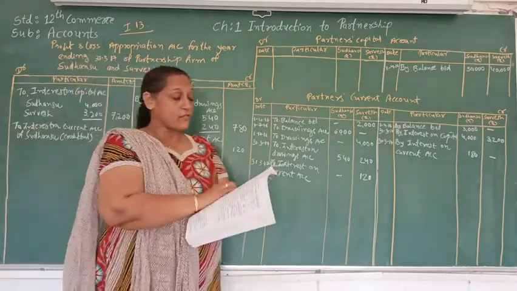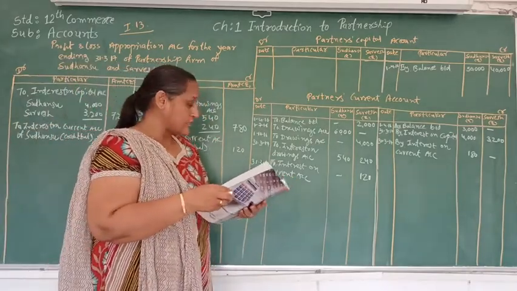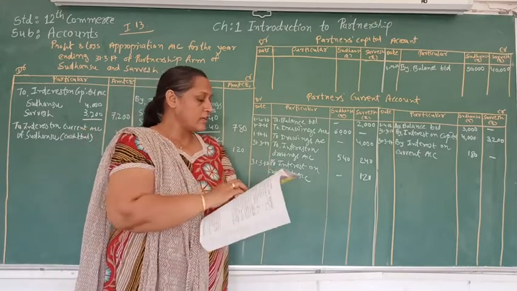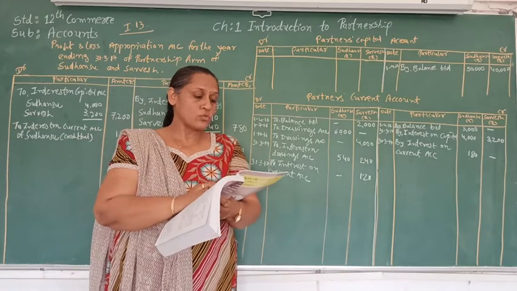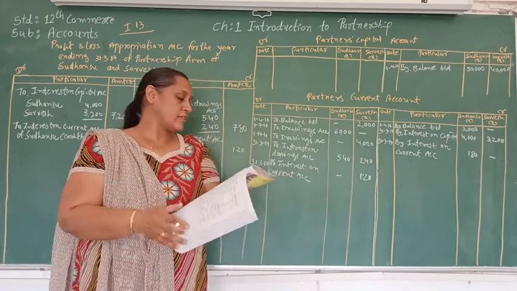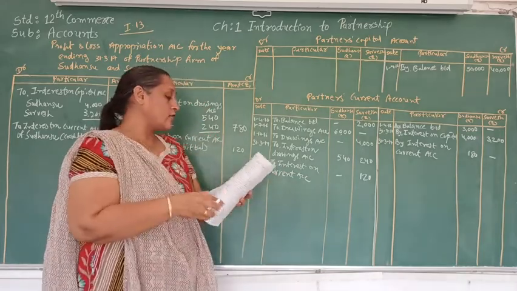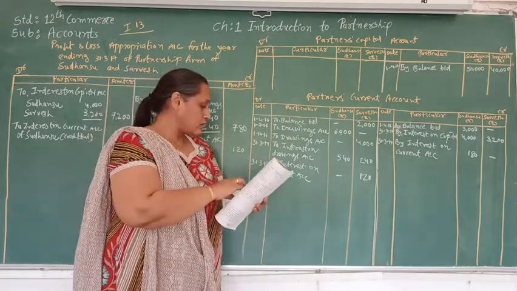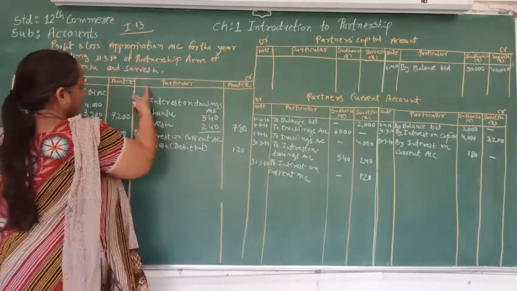So here we are finished with interest on capital, interest on drawing, as well as interest on current. The next thing, that is here, it is given that Sudhanshu is paid 5% commission on profit after the deduction of his commission from the profit. That we have to calculate. Before that, let's write the net profit.